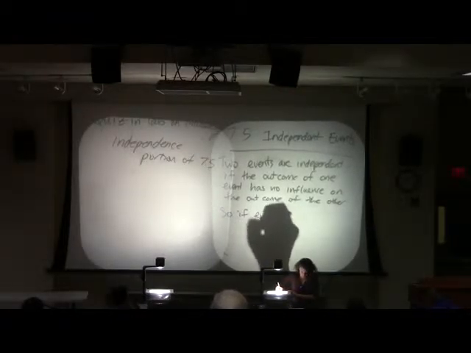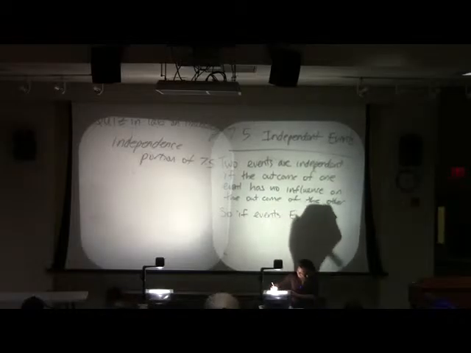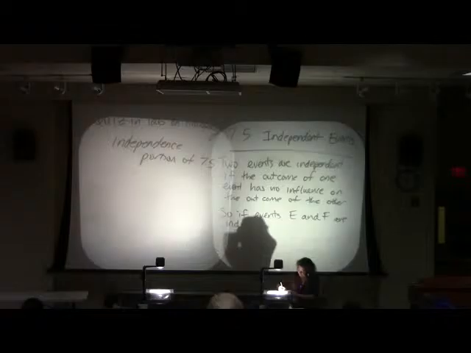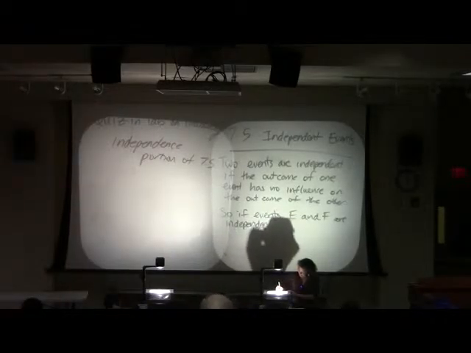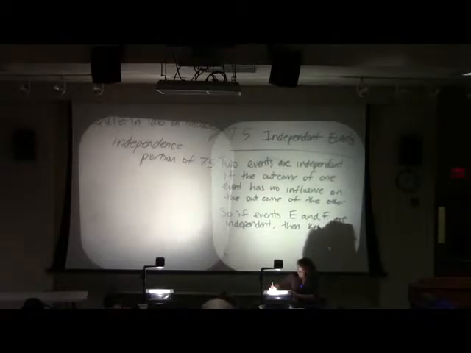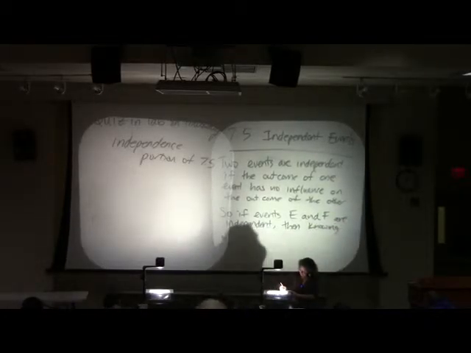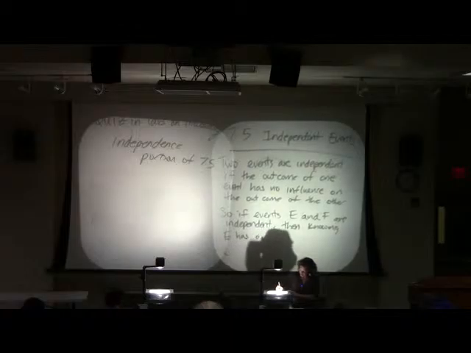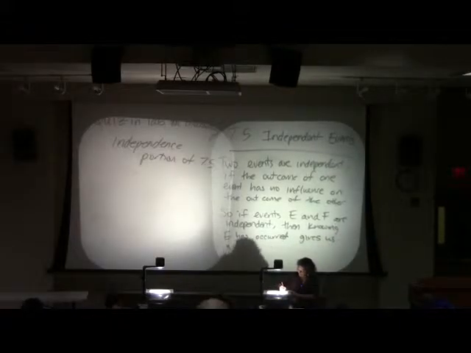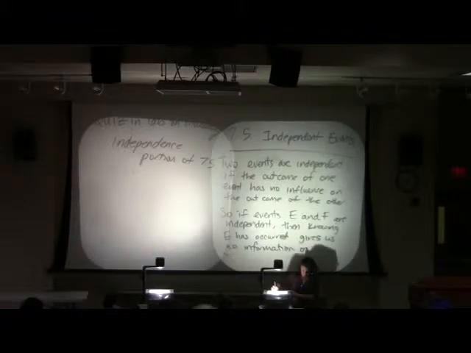So, if events E and F are independent, will you guys grant me then that knowing E has occurred gives us no information on the probability of F?